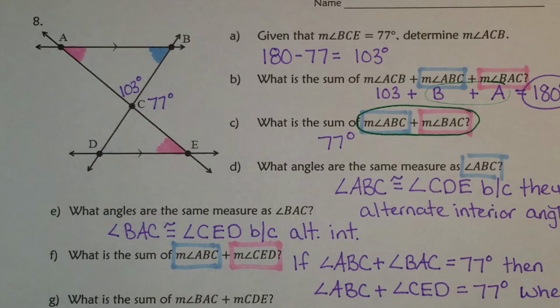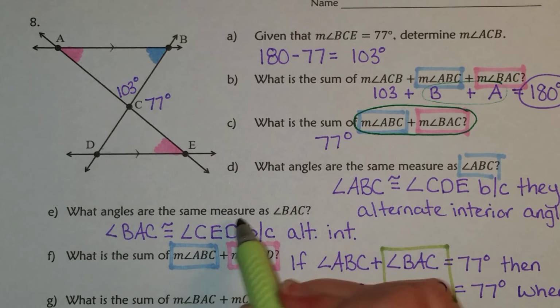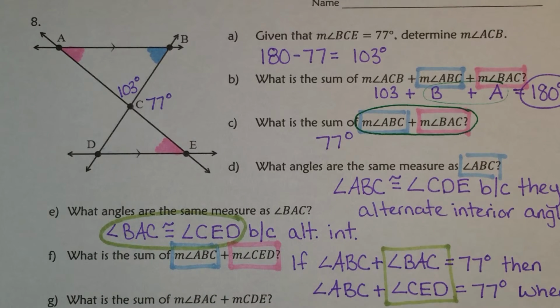So all I have done is taken my two congruent angles, which were right here, and replaced one with the other. So a blue and a pink will give me 77 degrees for this one.